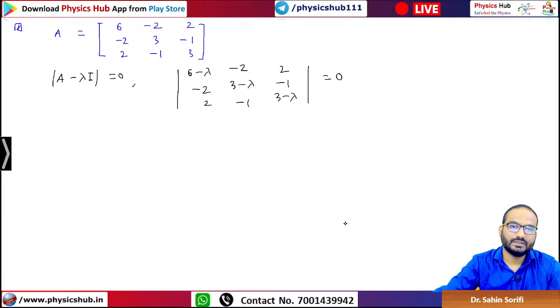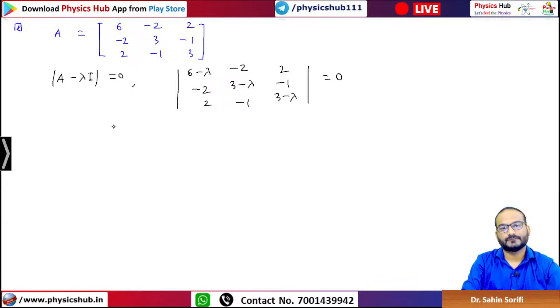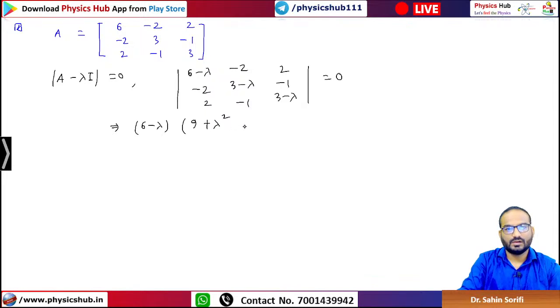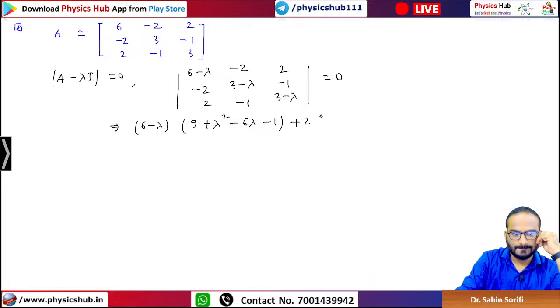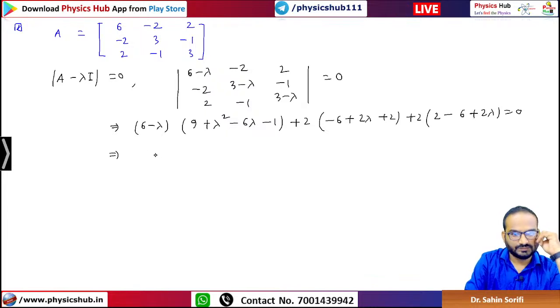Now let's calculate it. Expanding along the first row and simplifying, I am just writing the ultimate result.